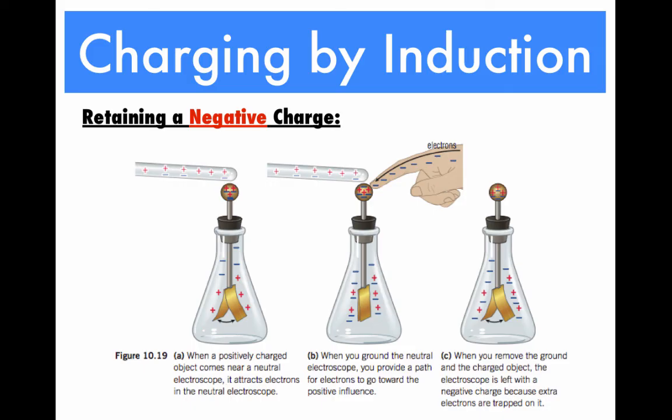Opposite charges attract, and so electrons will travel from your finger into the electroscope because they are attracted to that positively charged glass rod. Since there's an excess of electrons going into the electroscope, when you remove both your finger and the glass rod, the neutral electroscope will now have that negative charge.